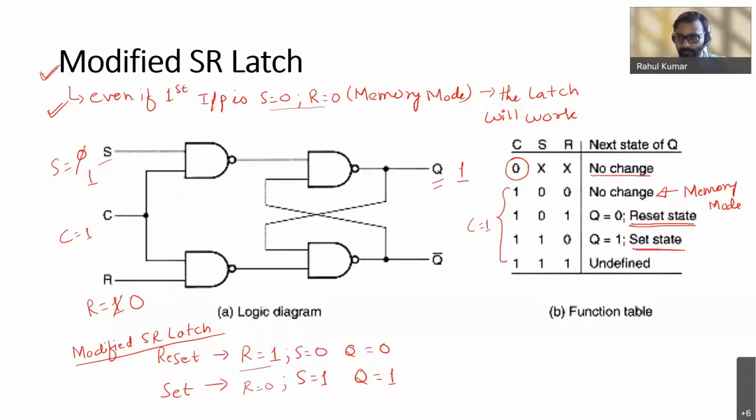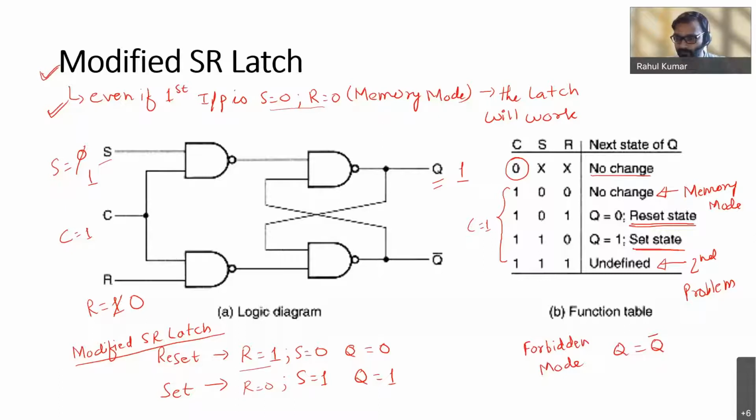But again, the second problem is still there, right? In the second problem, this is your forbidden state or forbidden mode, where output Q was coming out to be equal to Q dash.